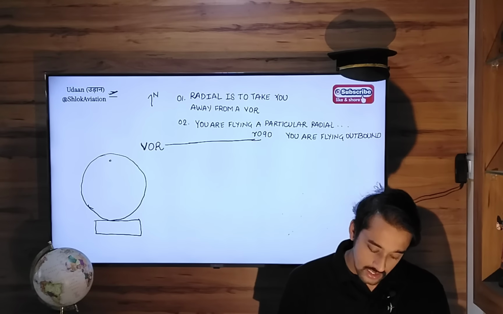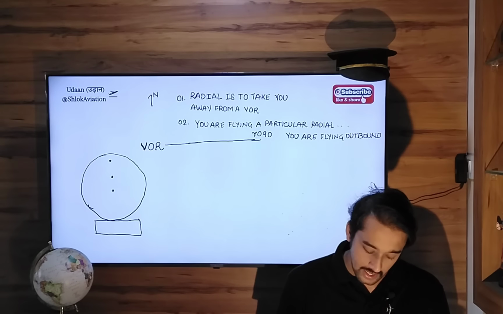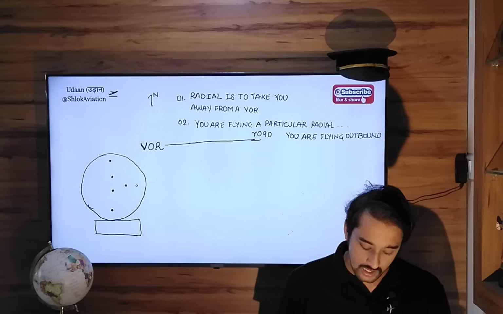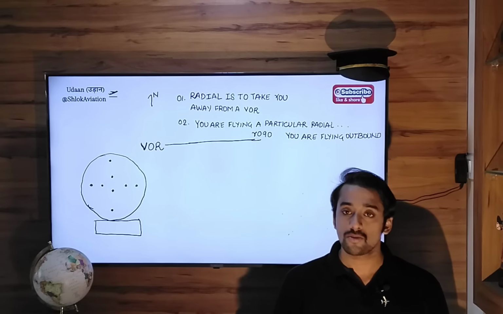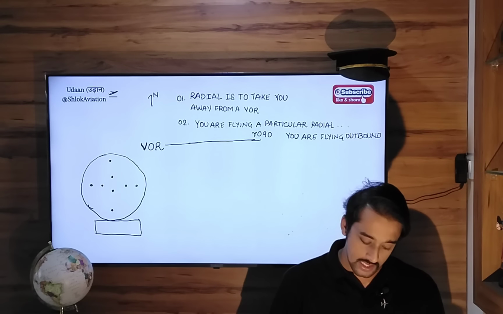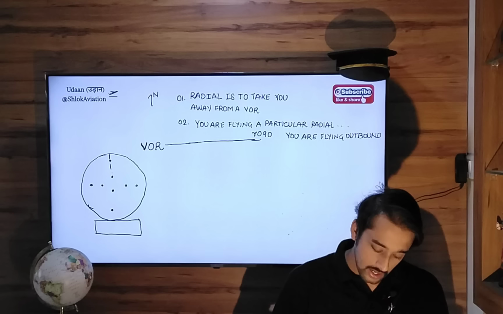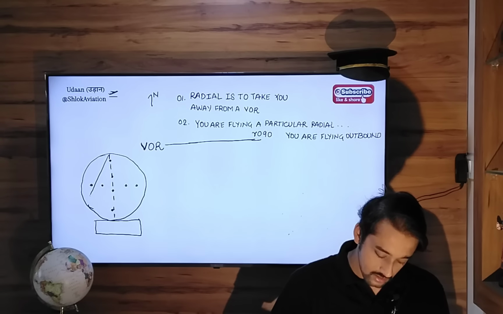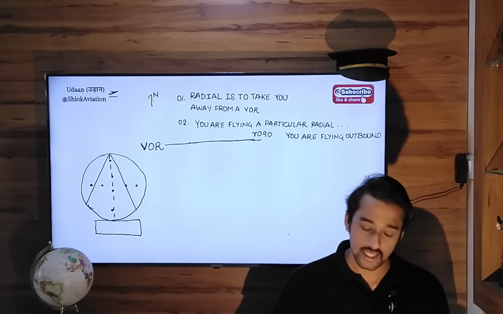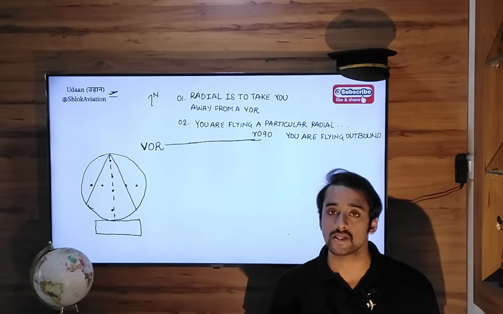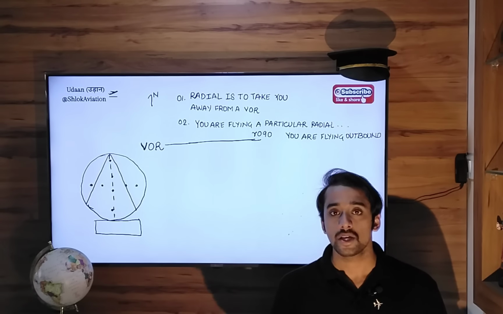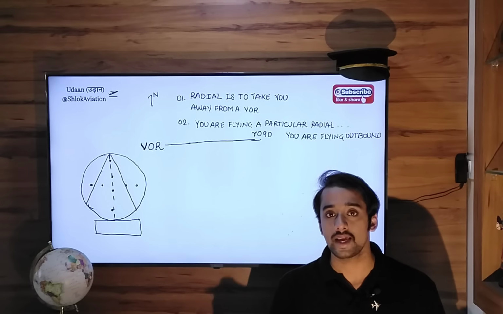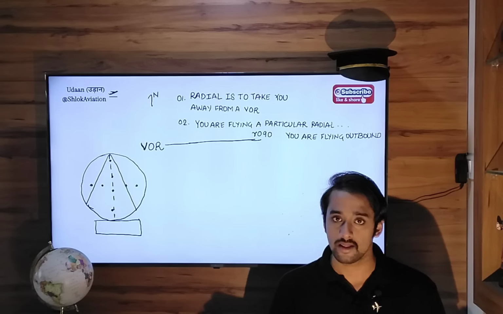Apart from that, there is a CDI needle which moves left or right from the center position, meaning you are left or right of the radial center line, of the airway or that particular radial.